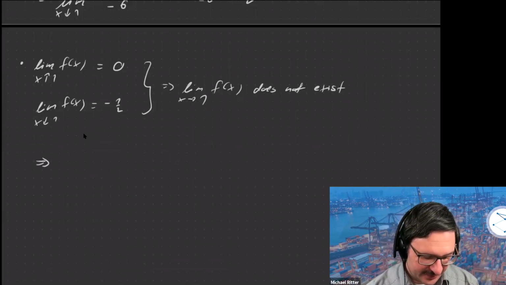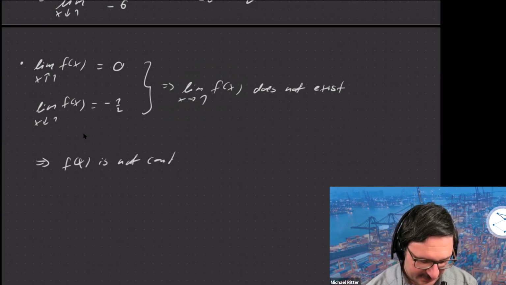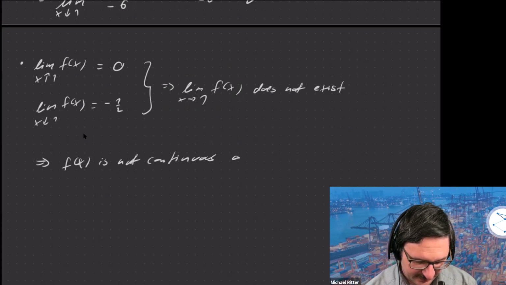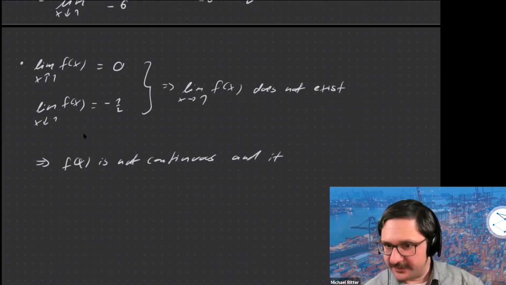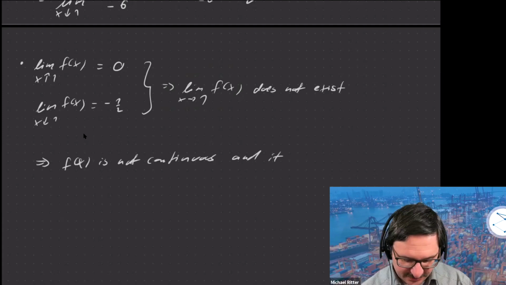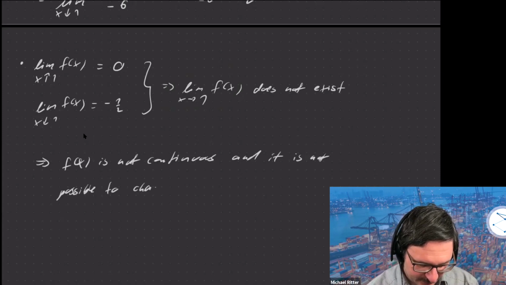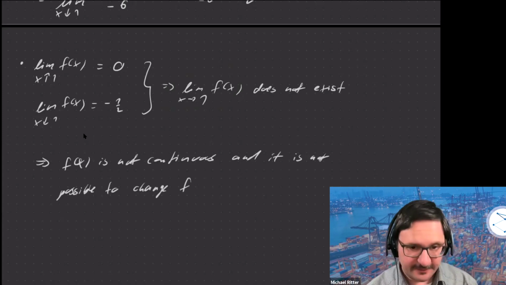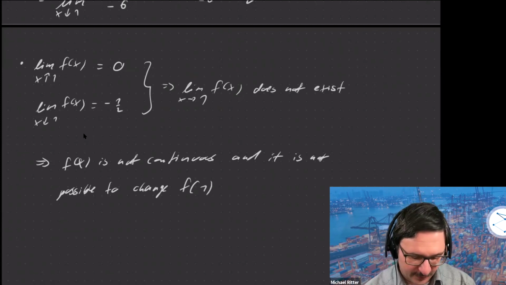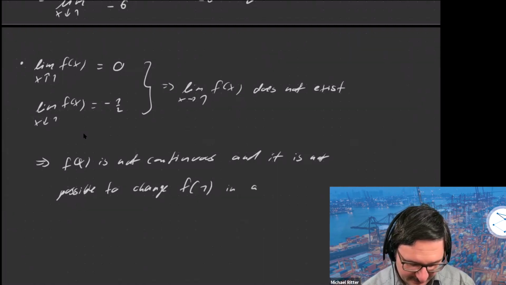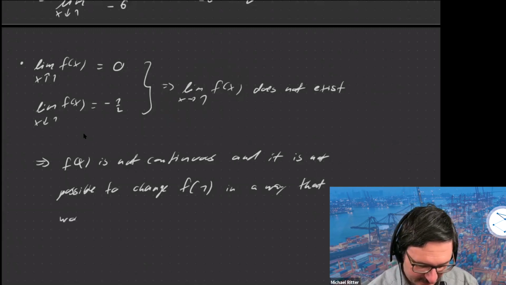Okay, so that also means f of x is not continuous, and that was not asked in the problem, but just to add this information, it is not possible to change the function value f of 1 in a way that would make the function continuous.